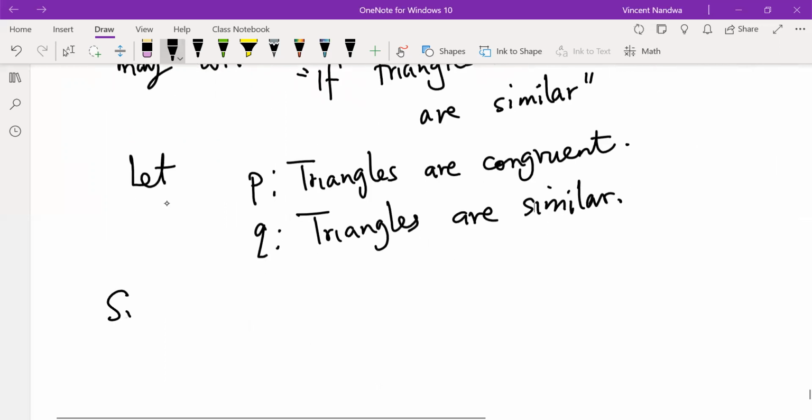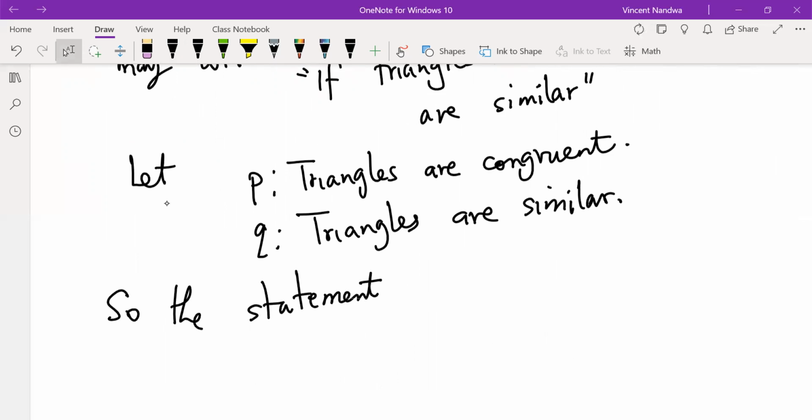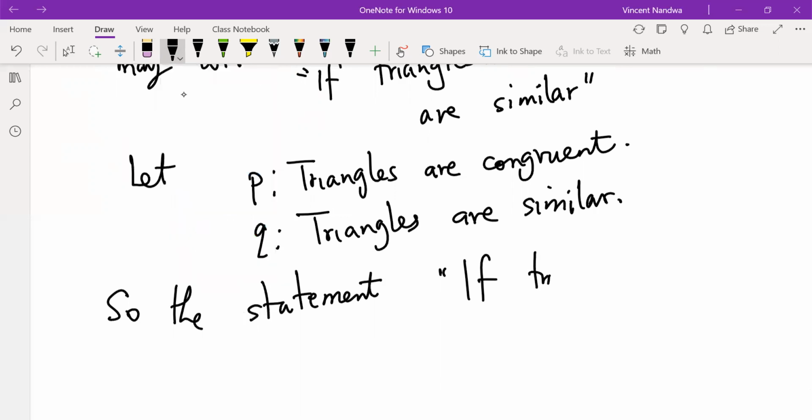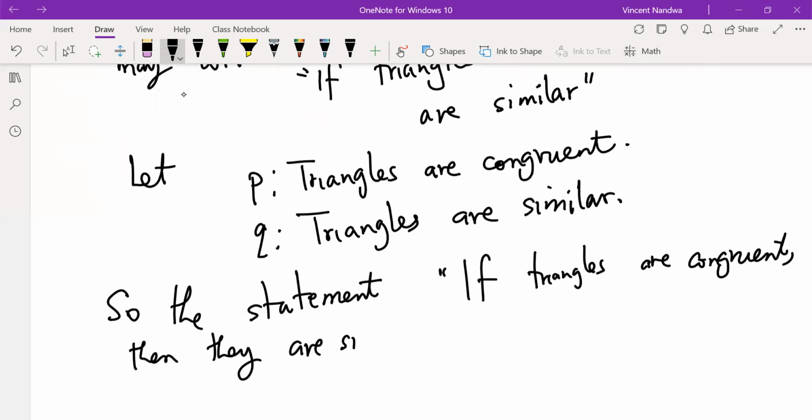So the statement if triangles are congruent, then they are similar, is P implies Q.